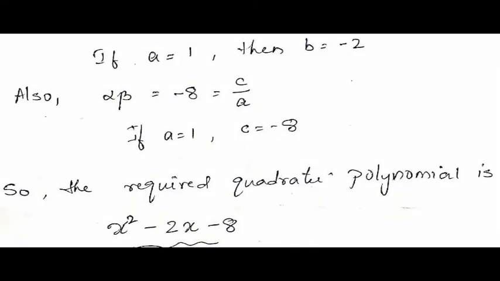If a is equal to 1, then b is equal to -2. Also, alpha beta is equal to -8, which is equal to c by a. And if a is equal to 1, c is equal to -8. Therefore, the required quadratic polynomial is x square minus 2x minus 8.